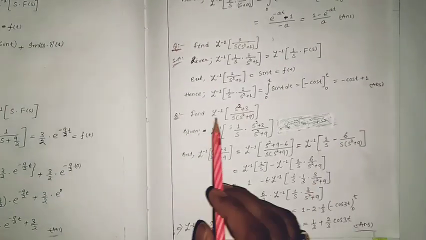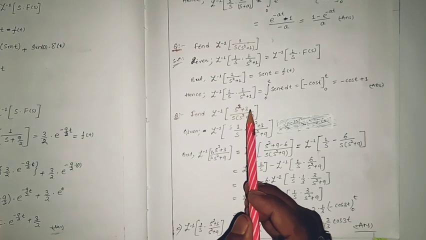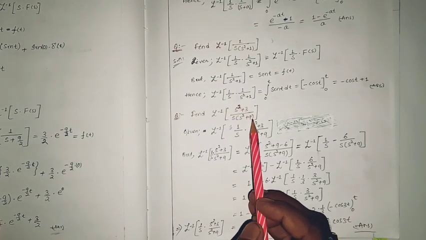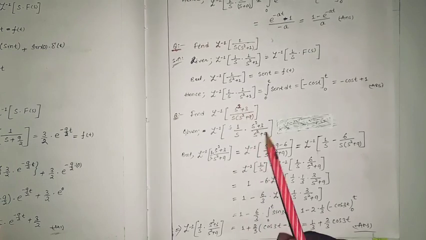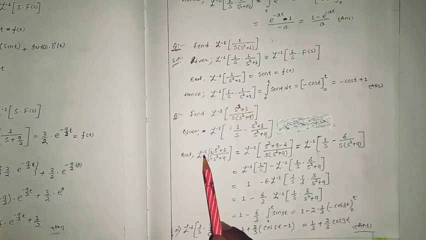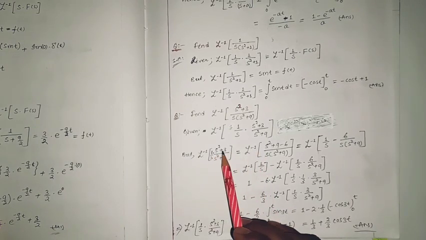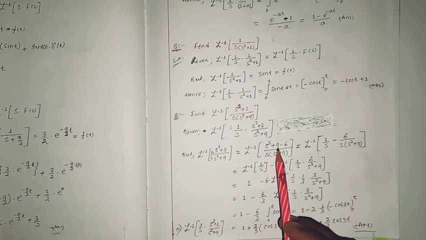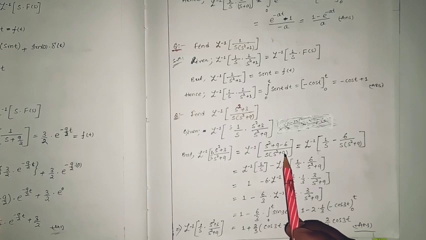Likewise, another question is the inverse Laplace transform of (s square plus 3) by s into (s square plus 9). So this can be written as 1 by s into (s square plus 3) by (s square plus 9), right? The numerator s square plus 3 can be written as (s square plus 9 minus 6), whole divided by s into (s square plus 9).